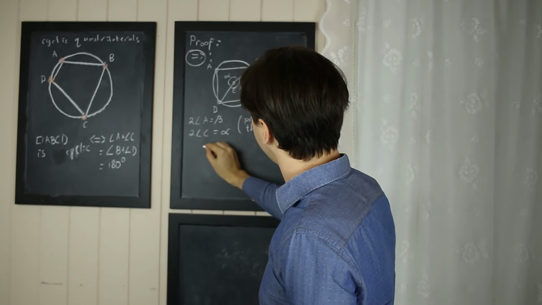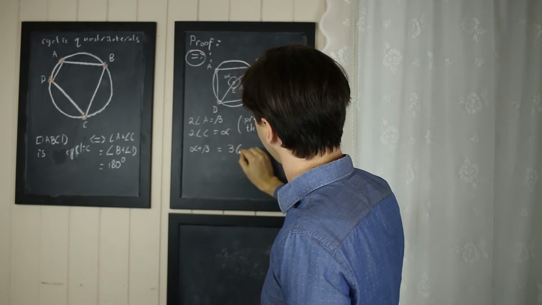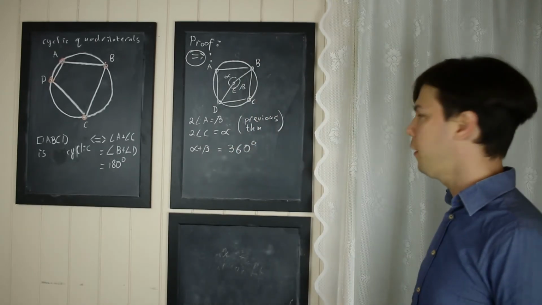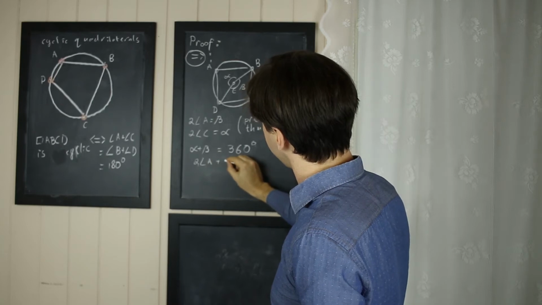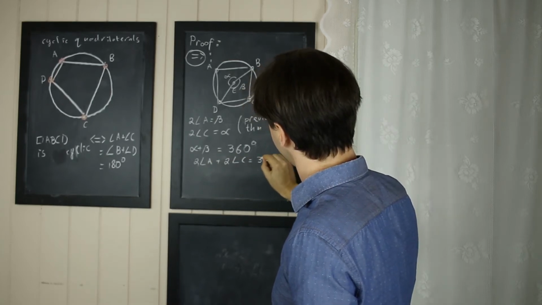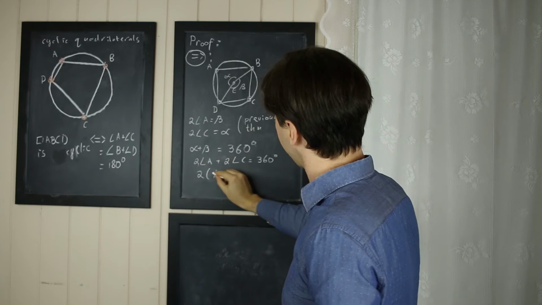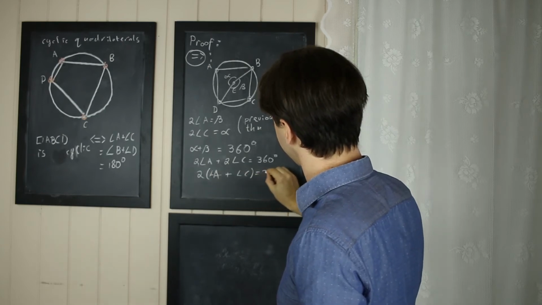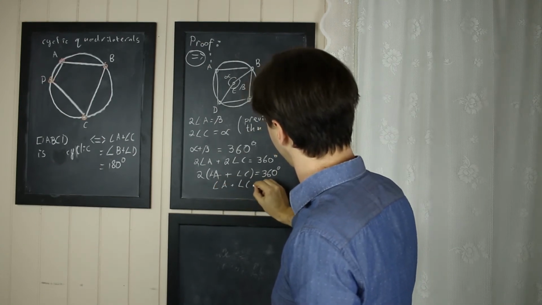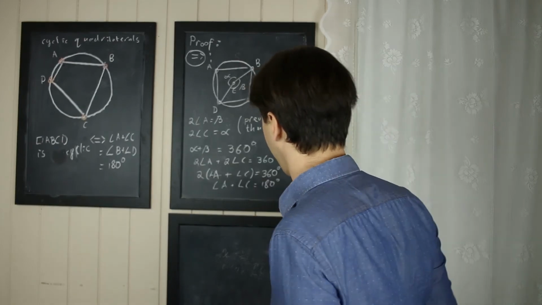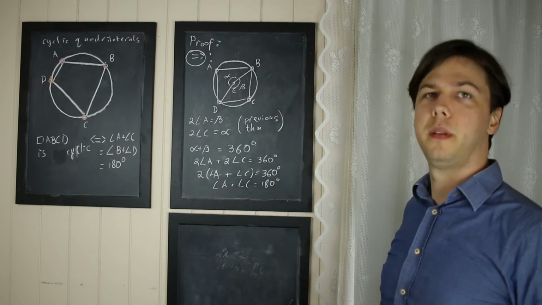So because they sit on a full revolution, they add to 360 degrees, and then okay, so just by a bit of rearranging, we get that the angles A and C are supplementary.